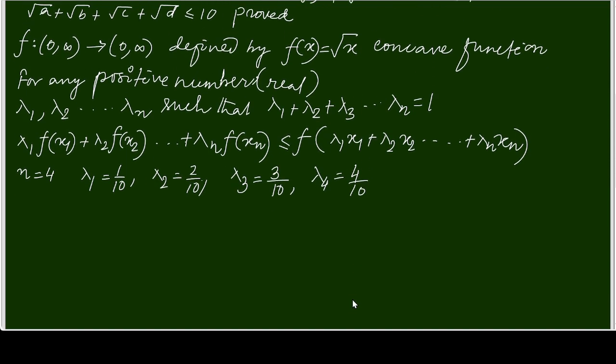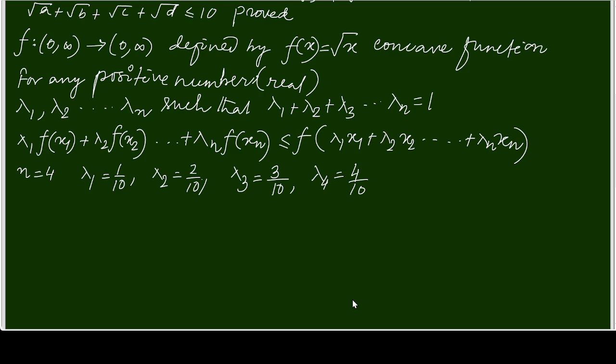And x1, x2 I am taking in this way: x1 equals a, x2 equals b over 4, x3 equals c over 9, and x4 equals d over 16.